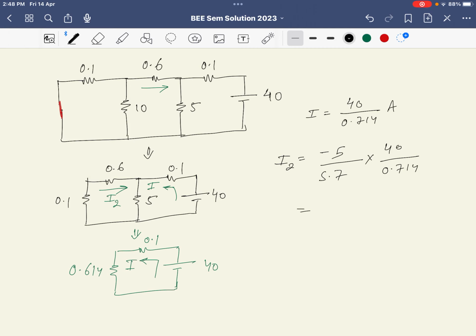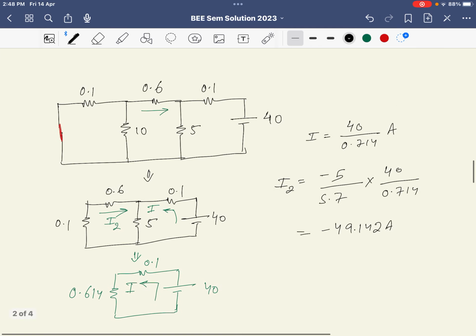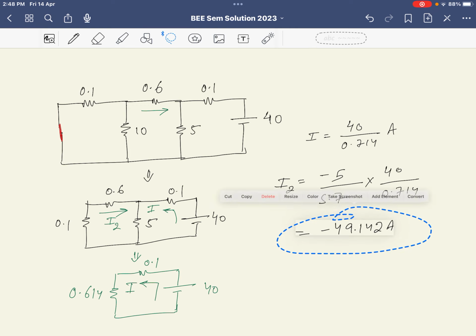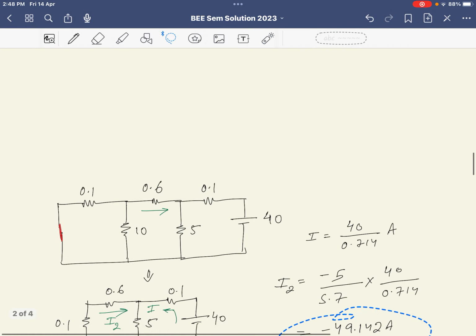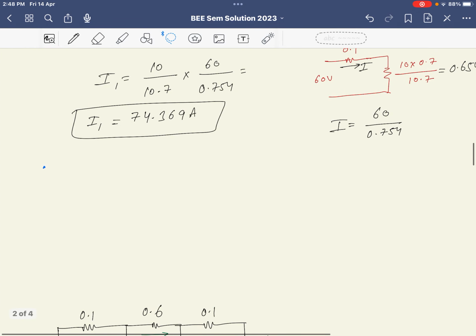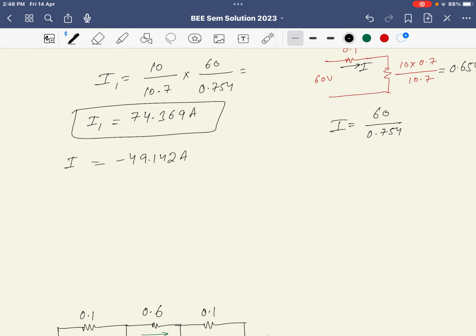This gives 5 into 40 divided by 5.7 divided by 0.714, minus 49.142 ampere. So now we have got this 49.142 ampere, and here we have got the I1 value already, right, and here we get the I2 value.